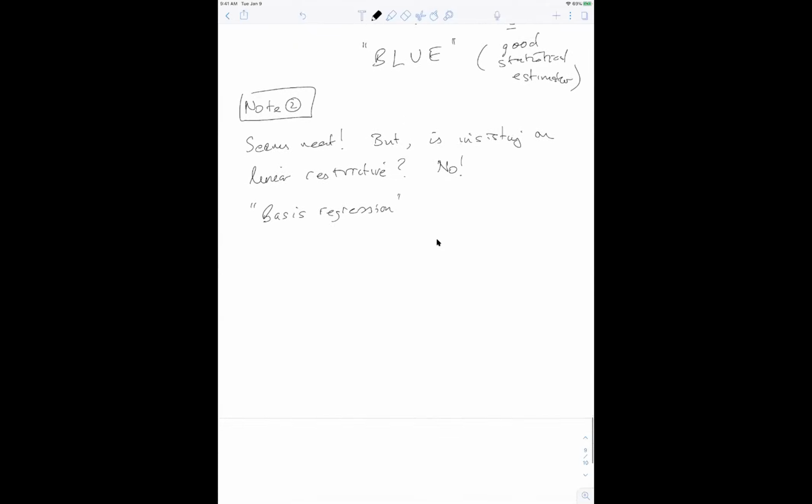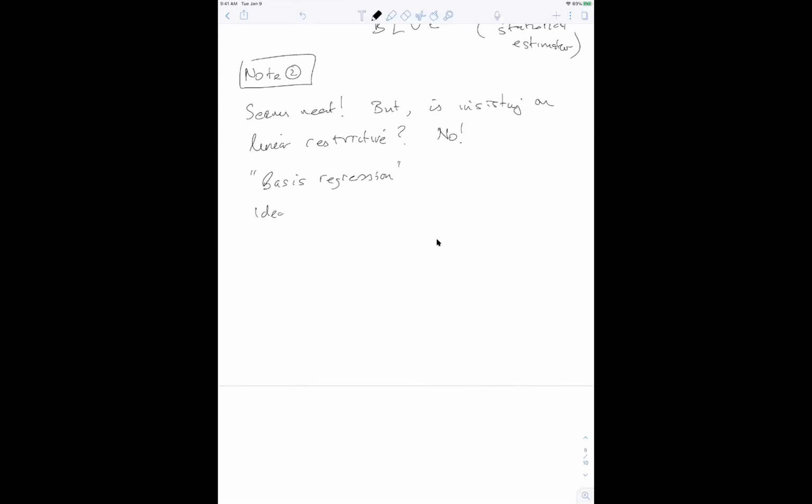So let me give you the basic idea here. The idea is to take our feature vector x and map it to a new vector given by phi.